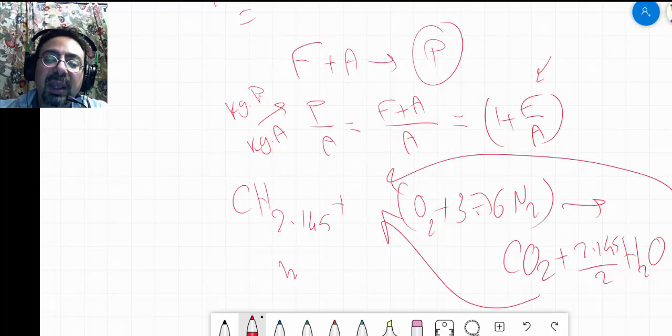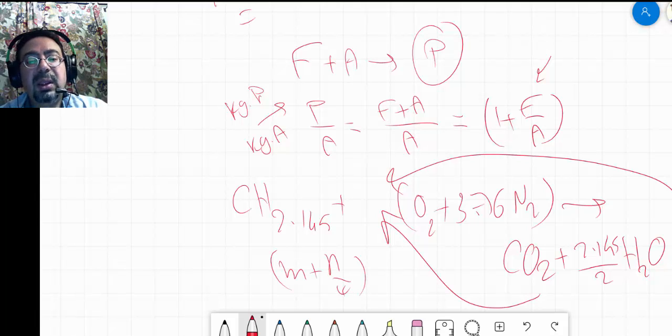How much O2 do we need? M plus N over 4, right? M is the number of carbons, so that's 1, and N is this number, 2.145, divided by 4. Why by 4? Because you get 2 over here, and then this is O and this is O2. So this will tell you how much.